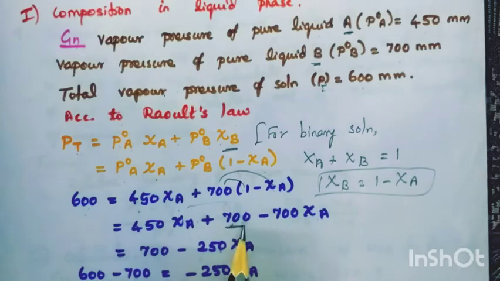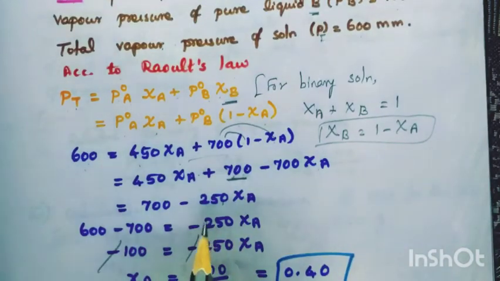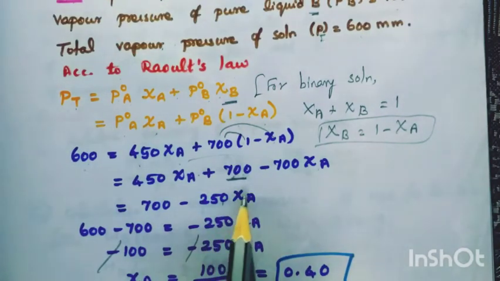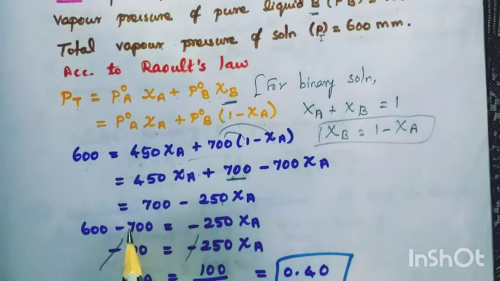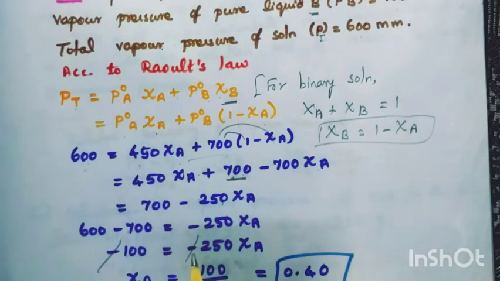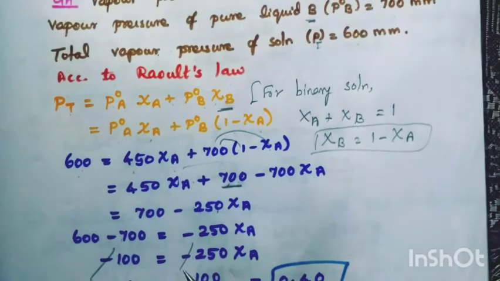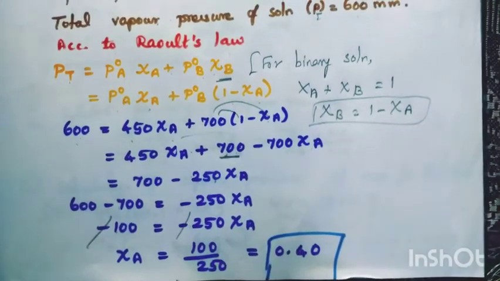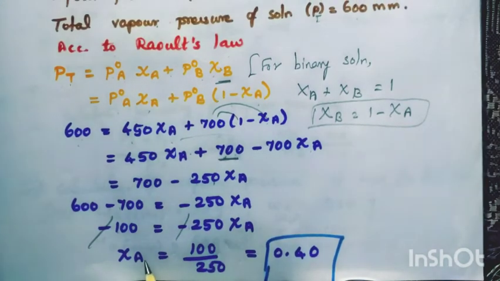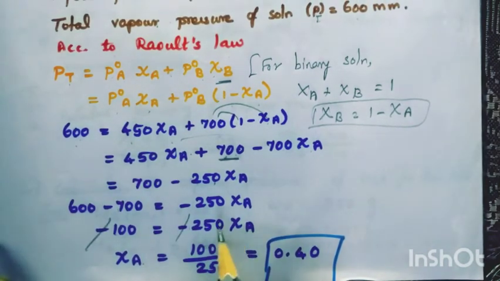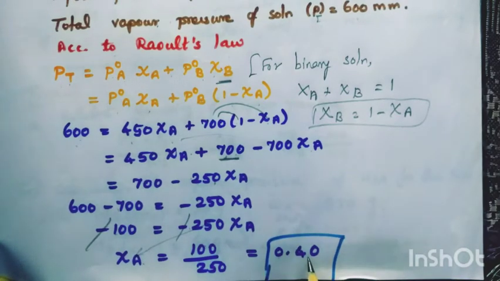Here this is 700, so the remaining is minus 250 XA. Keep it there and take the 700 to this side. Minus minus gets cancelled. We need the mole fraction, no? So the mole fraction of XA, that is the A component, is 100 by 250, that is equal to 0.4.